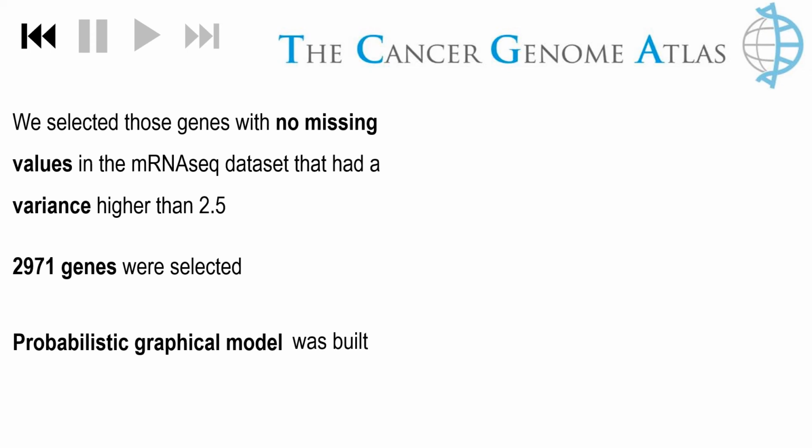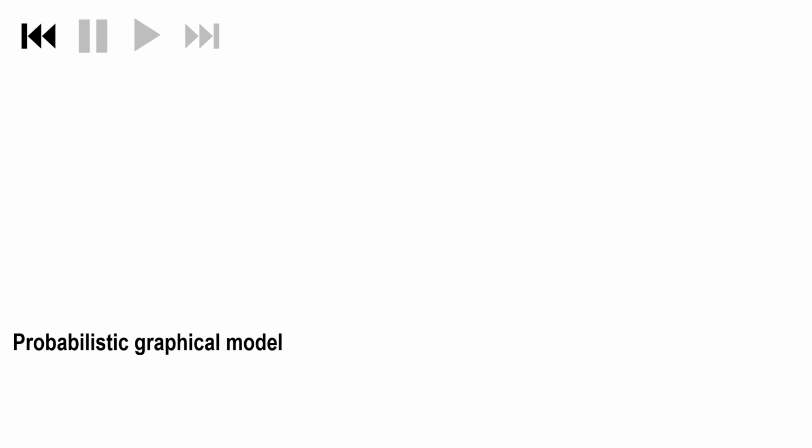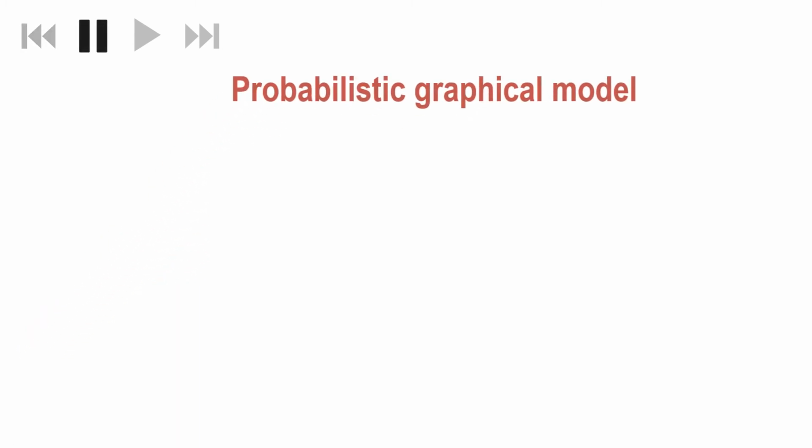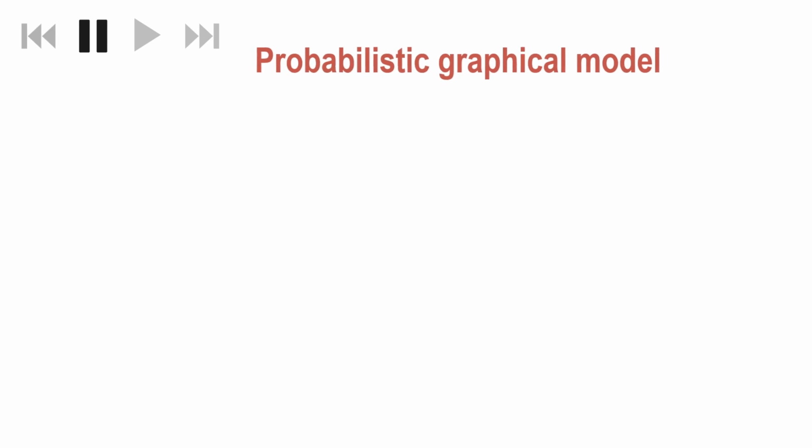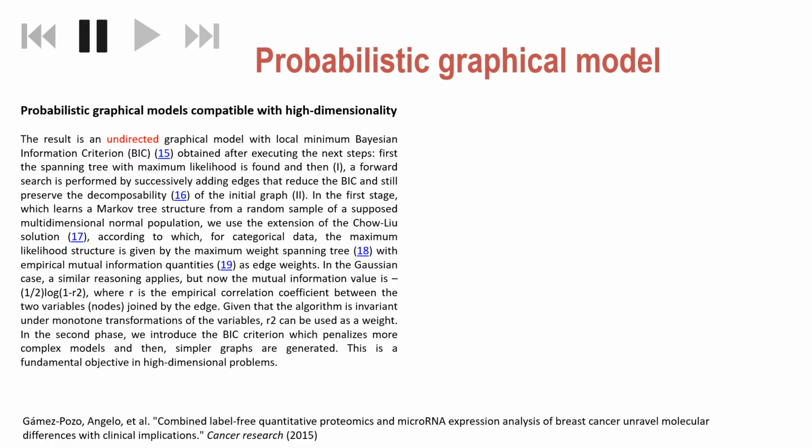But wait, I need to stop here and explain a little about probabilistic models. Probabilistic graphical models, or PGMs, are undirected graphical models obtained as a result of minimizing the Bayesian information criterion, BIC.